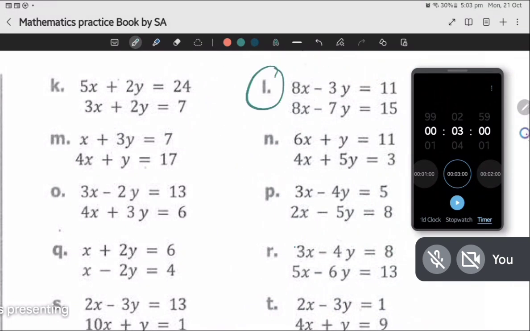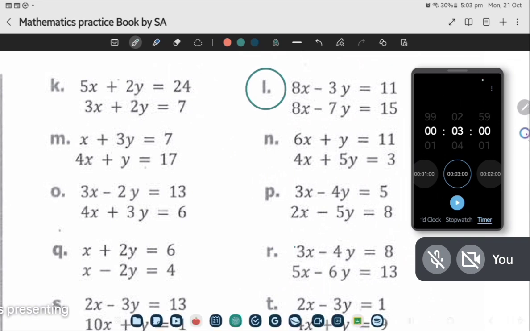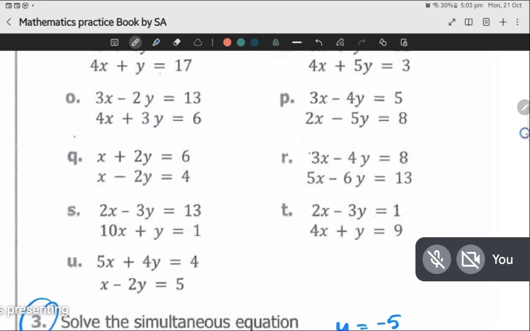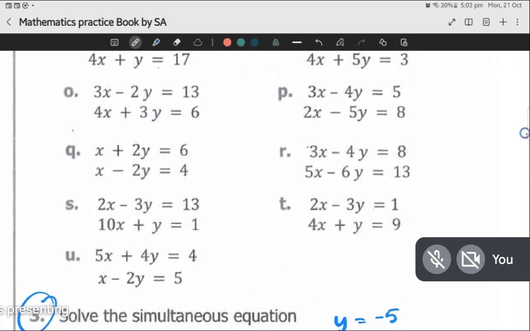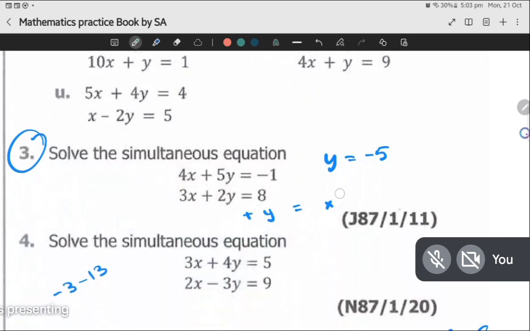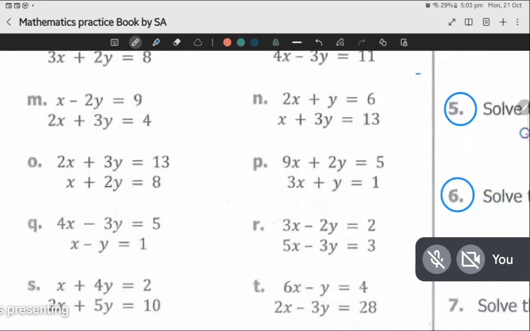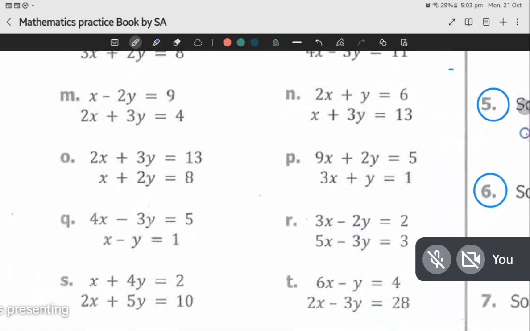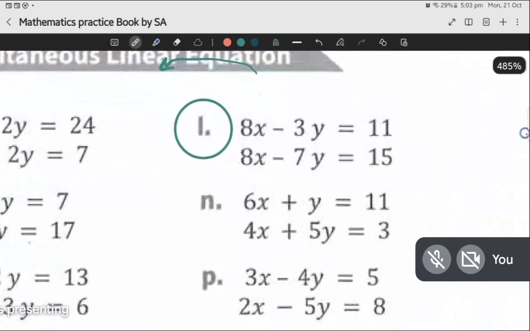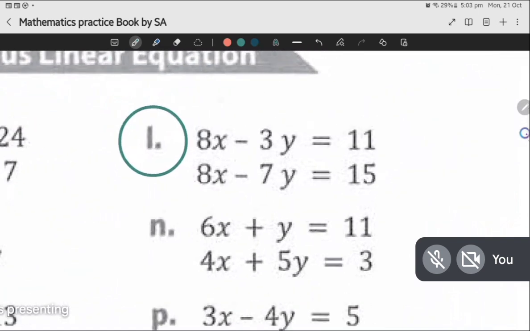So we'll do question number L. Okay, let's just do that for now. We can do the questions. Okay. So L is your homework, and I want to see every step done properly.